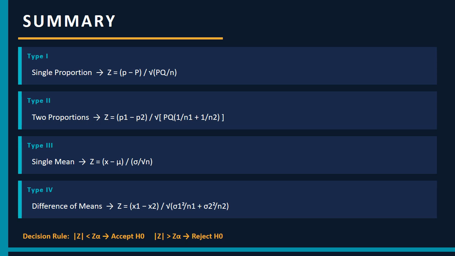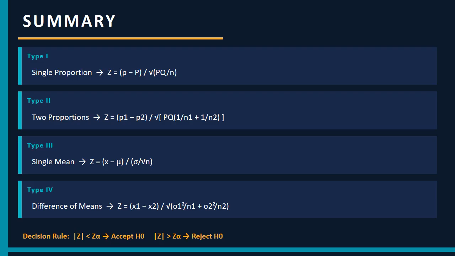And then we saw type 2, that is difference between two proportions. The formula for that is Z equal to small p1 minus p2 divided by root of pq into 1 by n1 plus 1 by n2. We use this when comparing proportions from two independent samples.